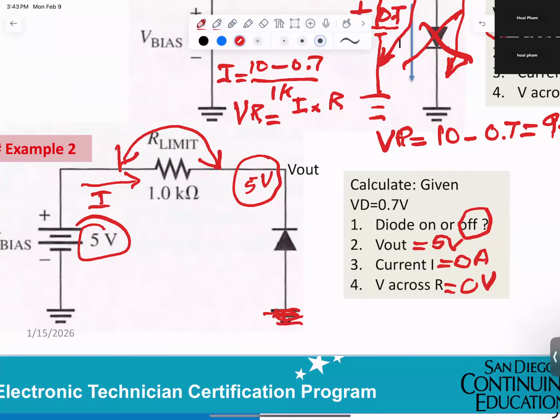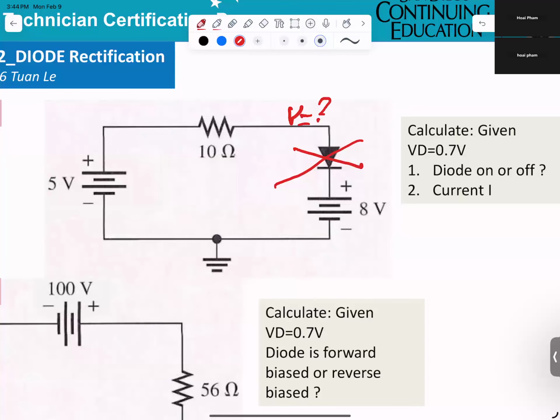Still. Diode on or off. Again, I try to repeat it. When you deal with the diode voltage, if no diode, what do we have here? I said no diode.